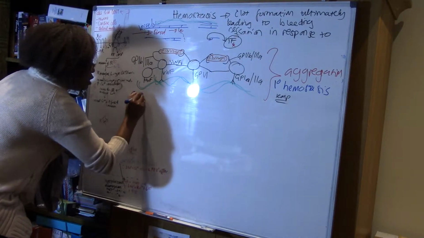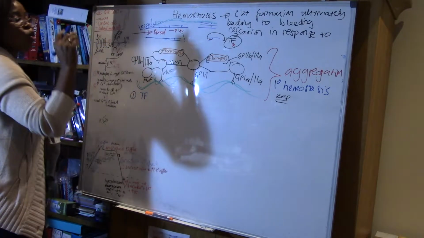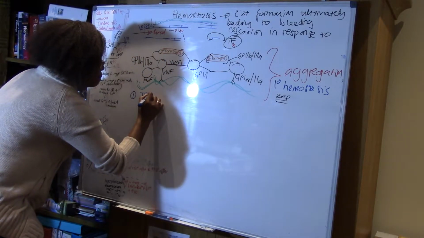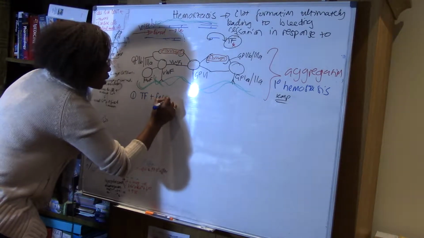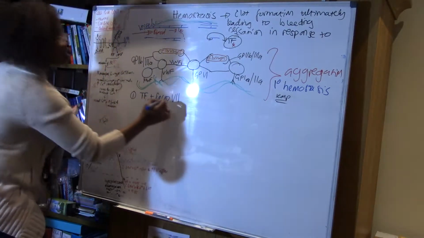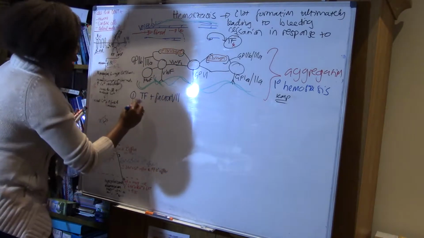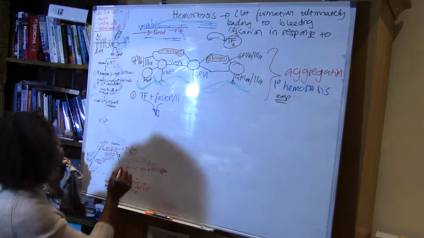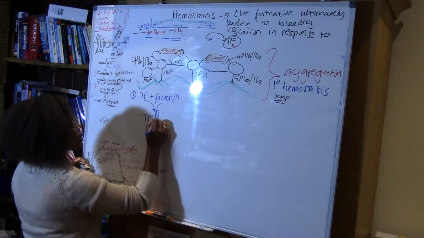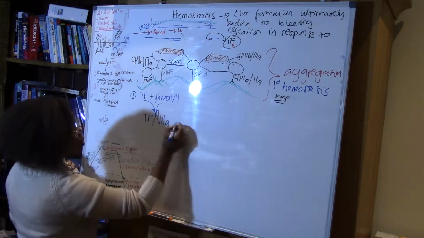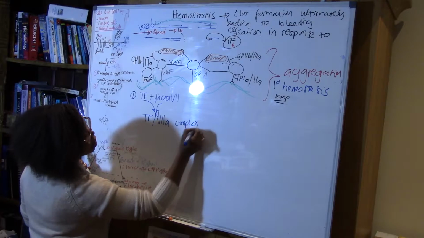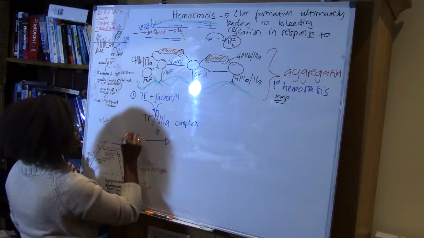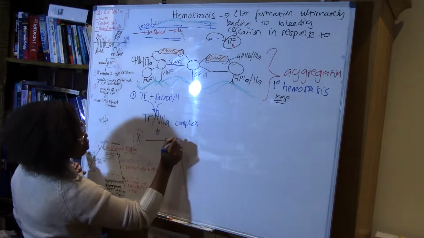Tissue factor will bind onto factor 7 and activate factor 7, and these two will form the tissue factor activated factor 7 complex, which activates factor 10. Factor 10 is what we call part of the common pathway.